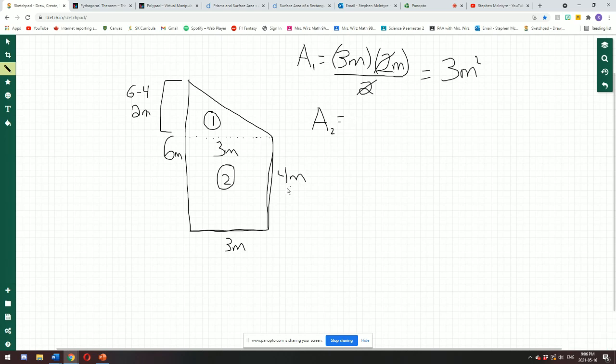So if we go length times width, that's just 3 meters times 4 meters. That'll give us 12 meters squared. We have to make sure we have the right units. I'm all about the units, guys.